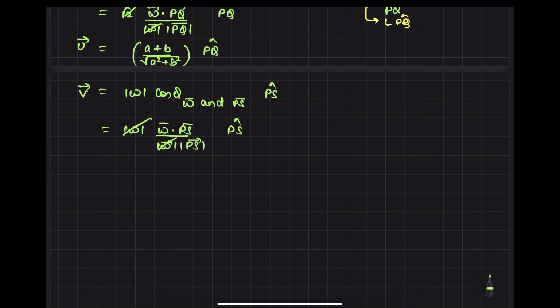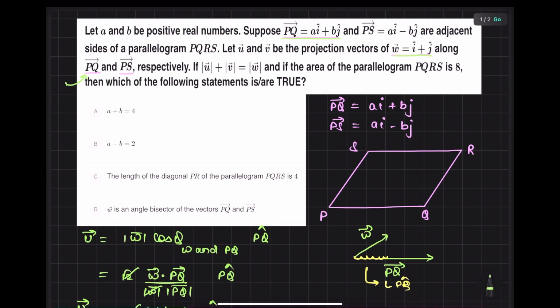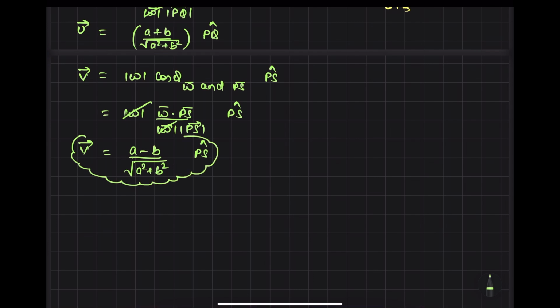This thing is gone. Now i will go with i, j will go with j, k will go with k. So it is a minus b. So we should go with a minus b upon root over a square plus b square and then PS cap. So this is our vector v. So I hope you got your vector u and you got your vector v.